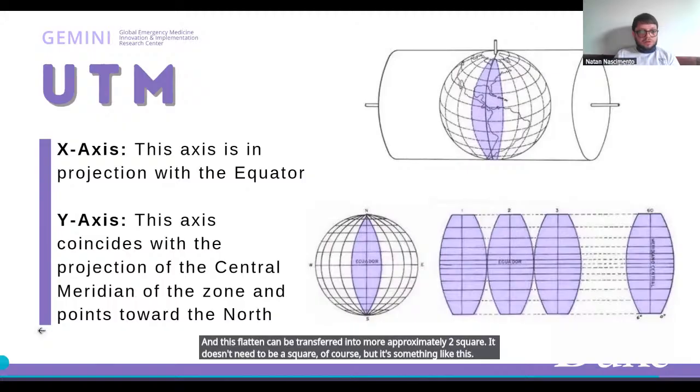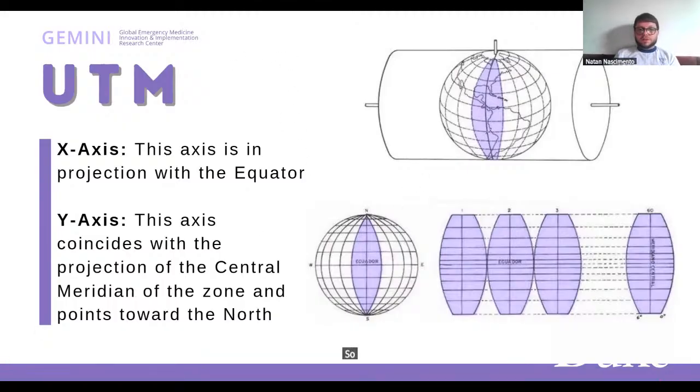Let me draw. So you have this sphere here, and I'm not good at drawings. You're not going to be able to cut it into a rectangle or a square because you're going to end up losing this and this.